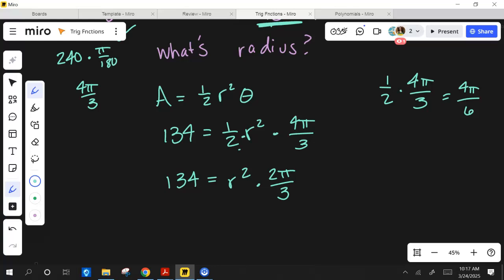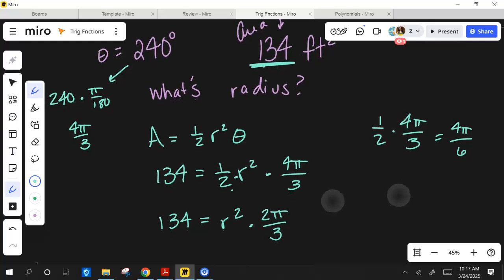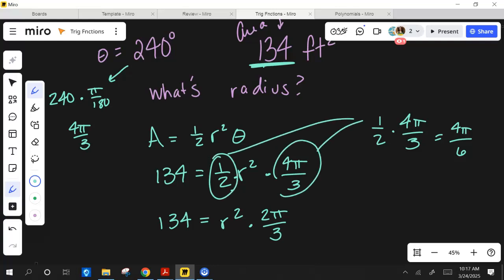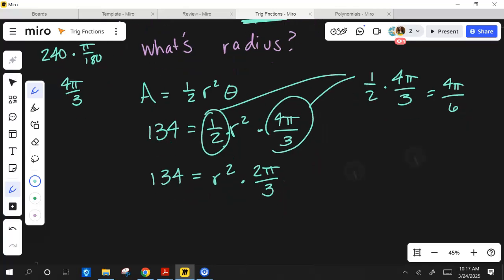The 1/2 and the 4 pi over 3 I multiplied together over here on the side to clean it up. That's the same thing as multiplying by 2.